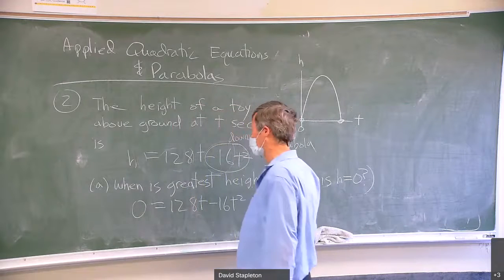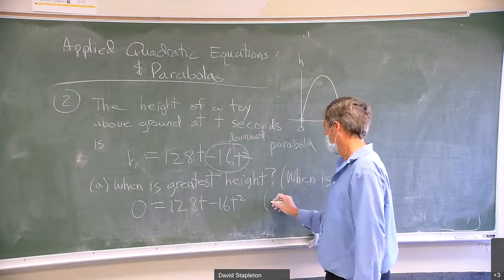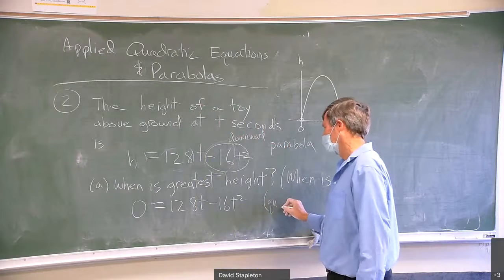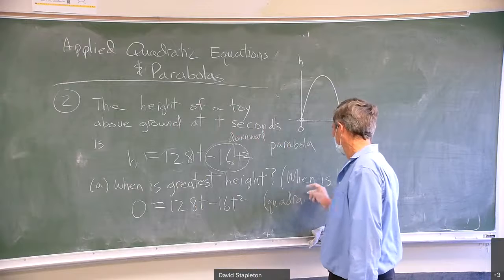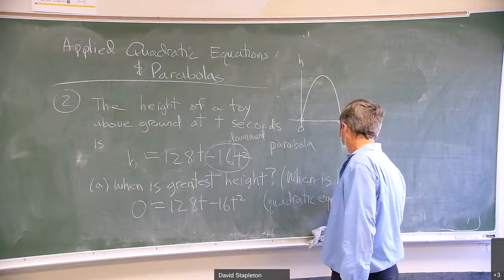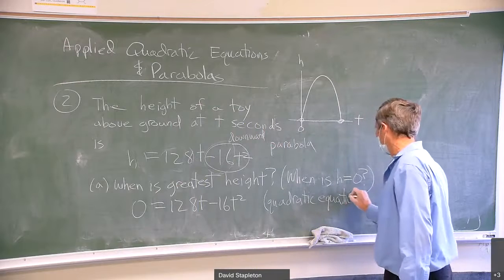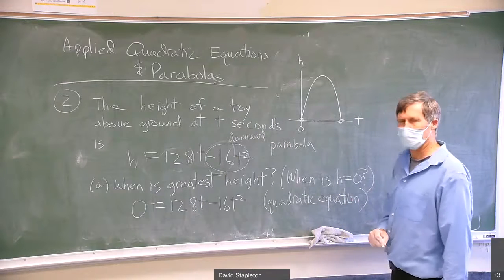And what is it? It's a quadratic equation. Every cannonball follows a quadratic equation to find its trajectory, and to find its impact time, I should say. A quadratic equation finds the impact of the cannonball or Dilbert's toy. How do I solve a quadratic equation?